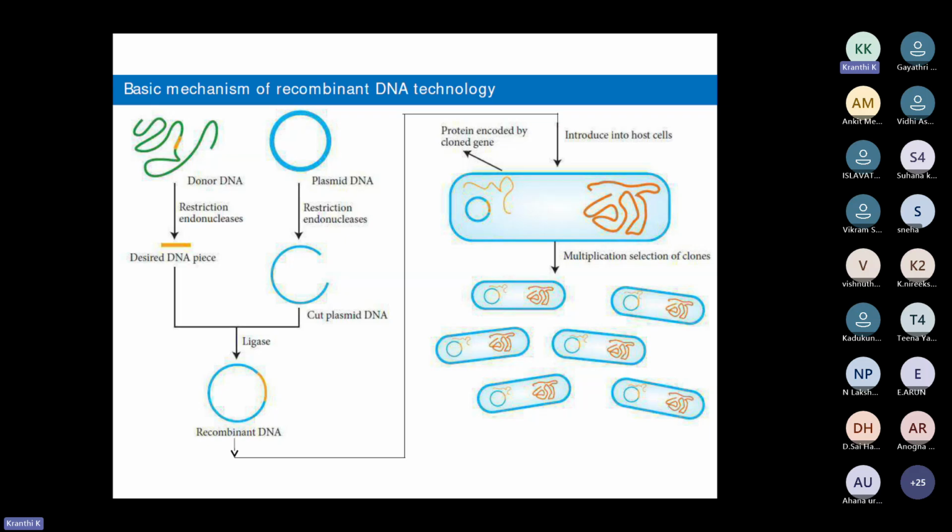Okay. Then take the islet of Langerhans cells, extract the DNA, and check that area where that particular DNA code will generate the insulin. Cut that part using the restriction endonucleases, right? After cutting, then take one more plasmid DNA.